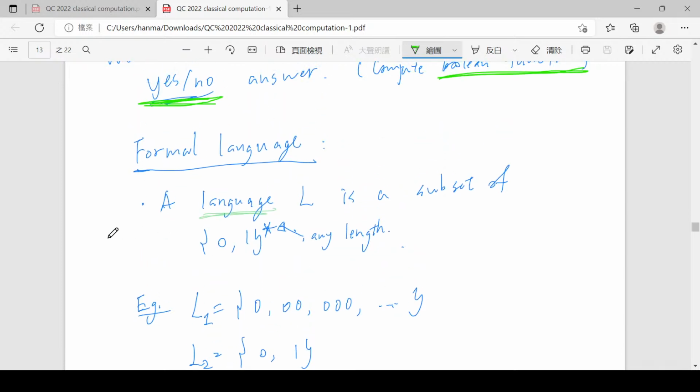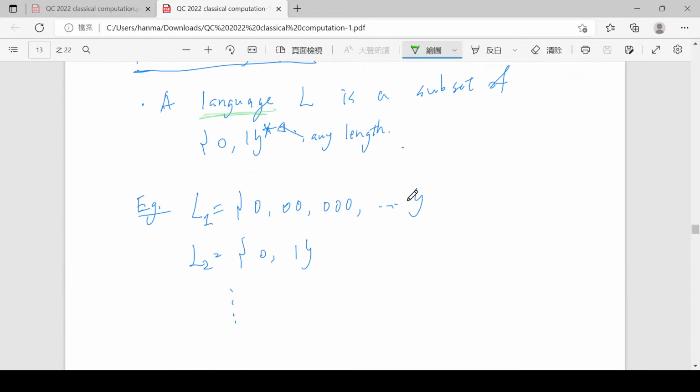A string we write in this weird notation, {0,1}*, which means a string of arbitrary length over 0 and 1. And a language is a subset of all strings. For example, we can have a language that's all the strings that only contain zeros: 0, 00, 000, and so on.